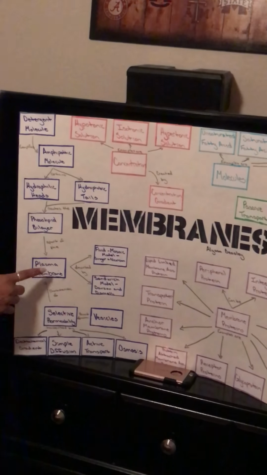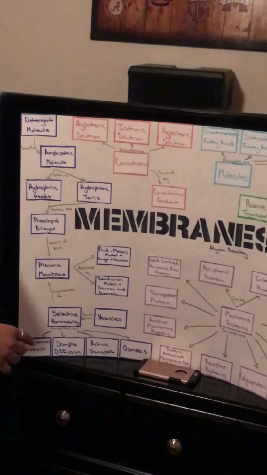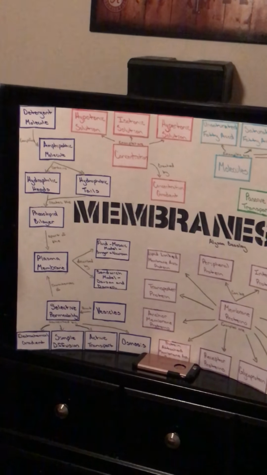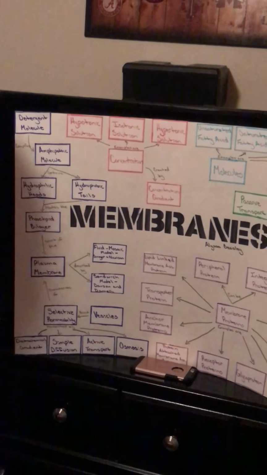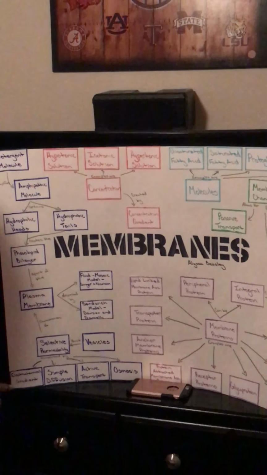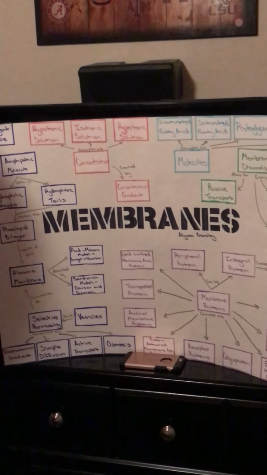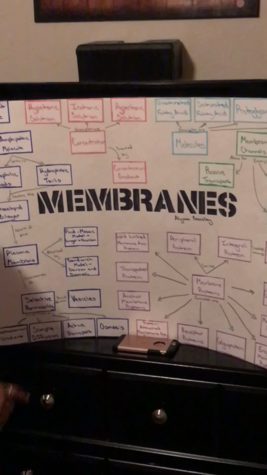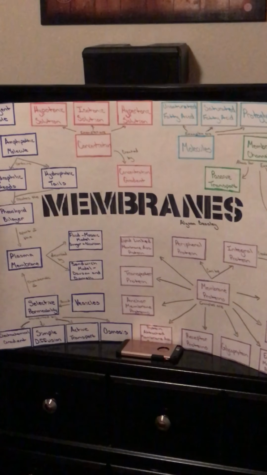The characteristic of the plasma membrane is selective permeability, which means it only allows certain molecules to cross the cell, and these molecules can be transported by electrochemical gradient, simple diffusion, active transport, and osmosis. And the vesicles, I put that they permit selective permeability because it helps pinch off certain molecules in the membrane.